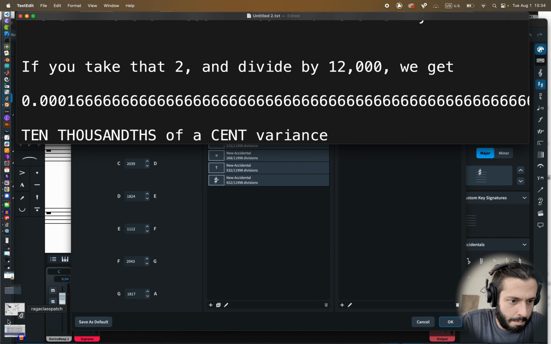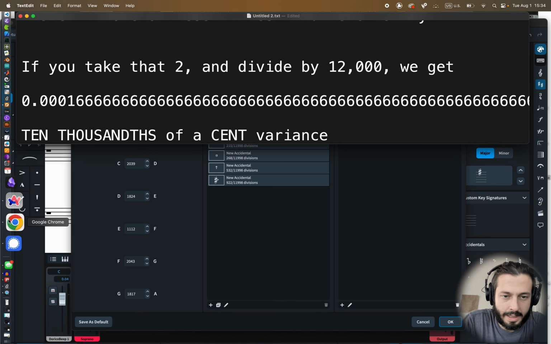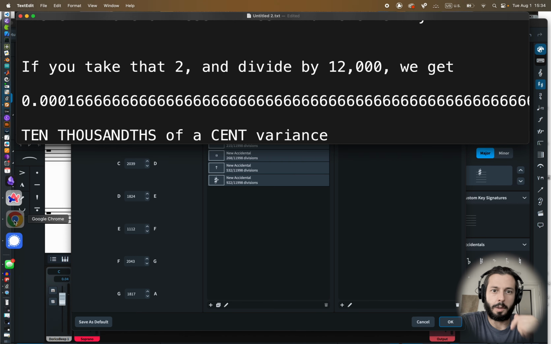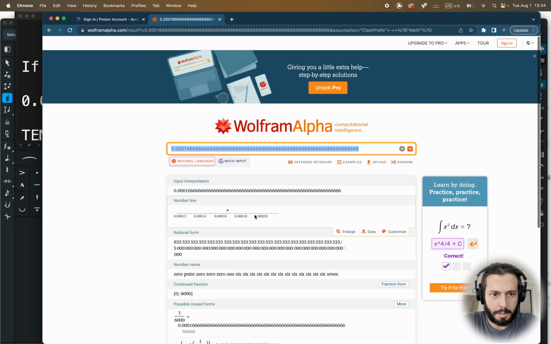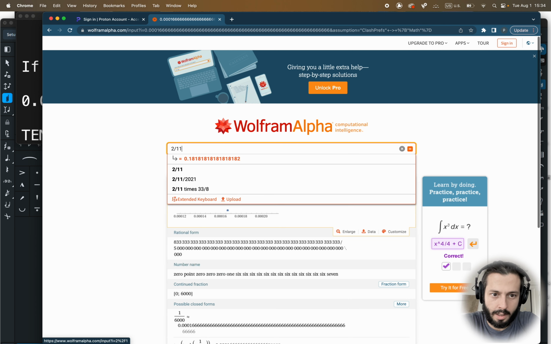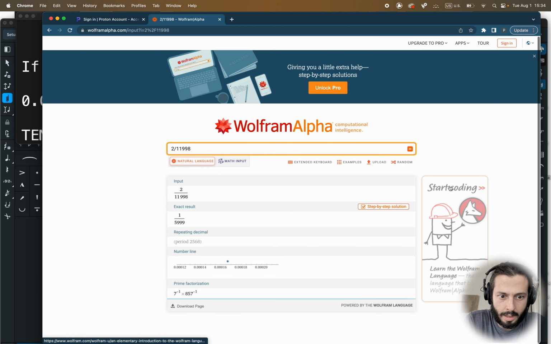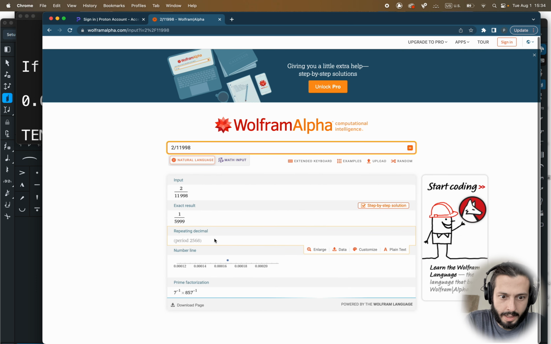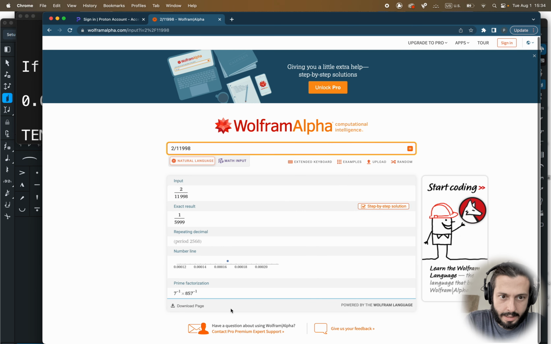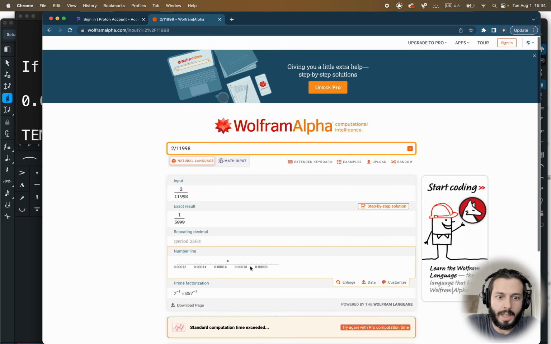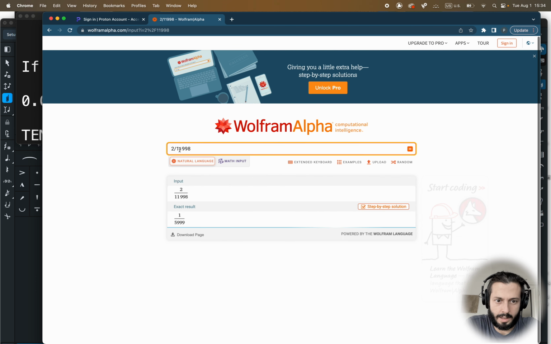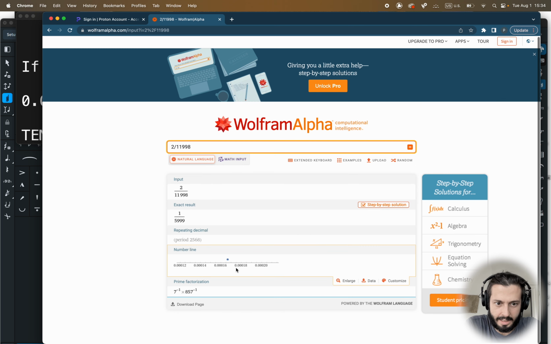Something that comes to mind spontaneously in the moment is that we can also think of this as 2 divided by our number of steps. Why does it look so funny? Okay, it's going to be a very similar number, but it doesn't want to give us any decimal.